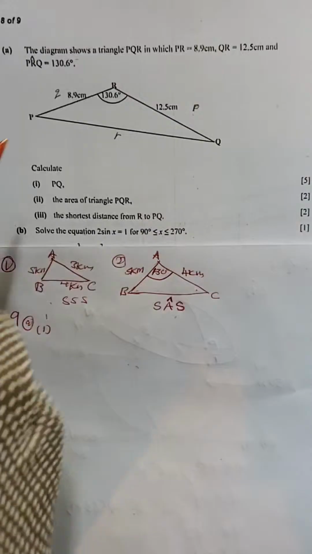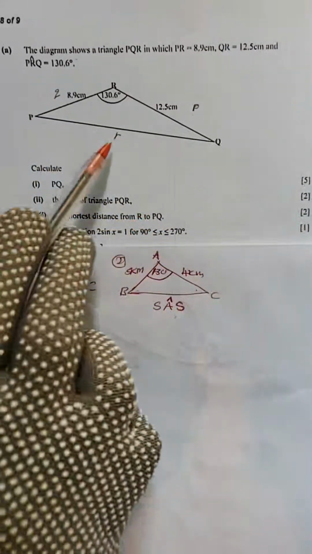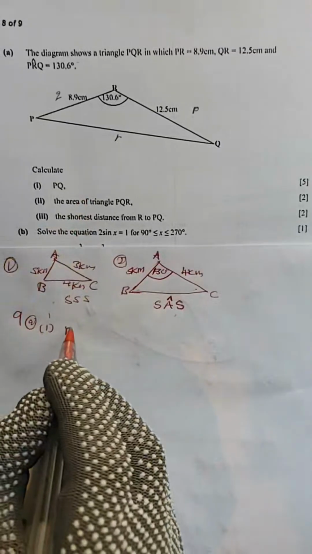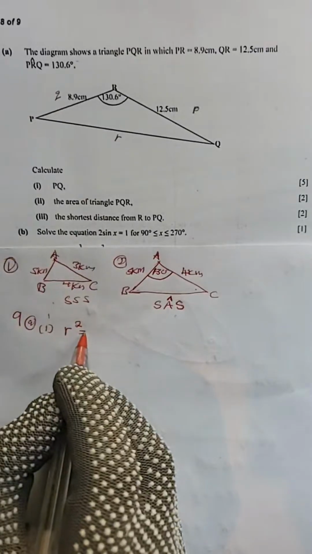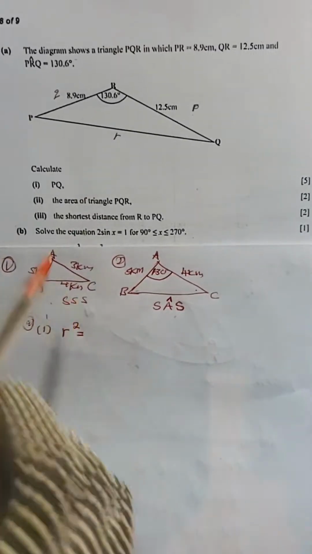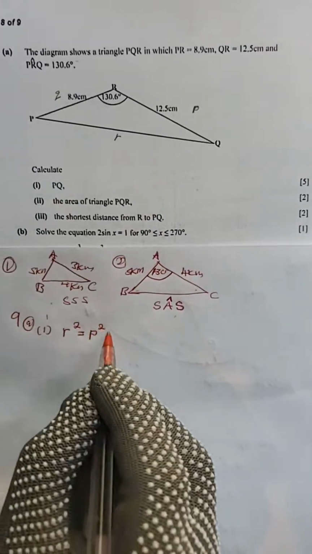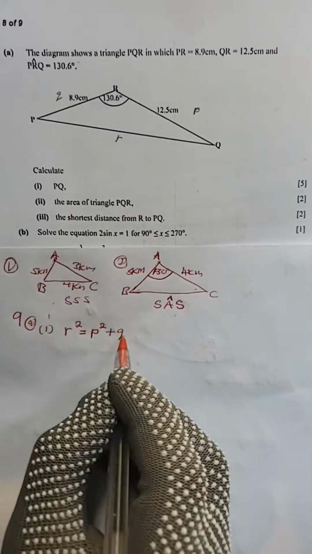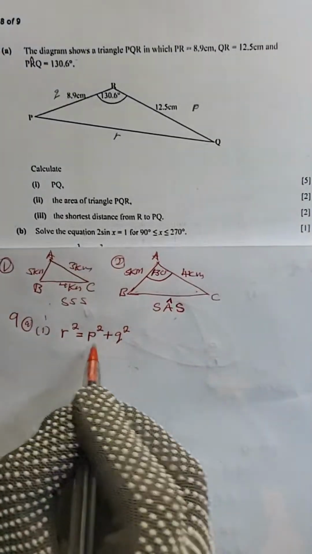So, according to this, starting with the side that is missing, which is r, I'm going to write r squared is equal to the other two sides. So I'm going to say p squared plus q squared. This comes from the Pythagoras theorem.